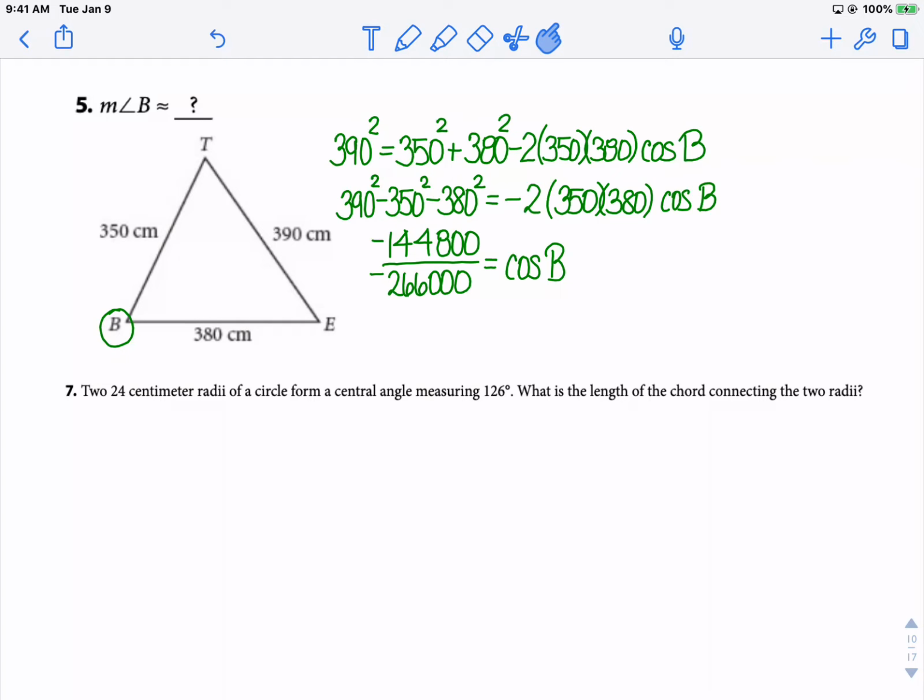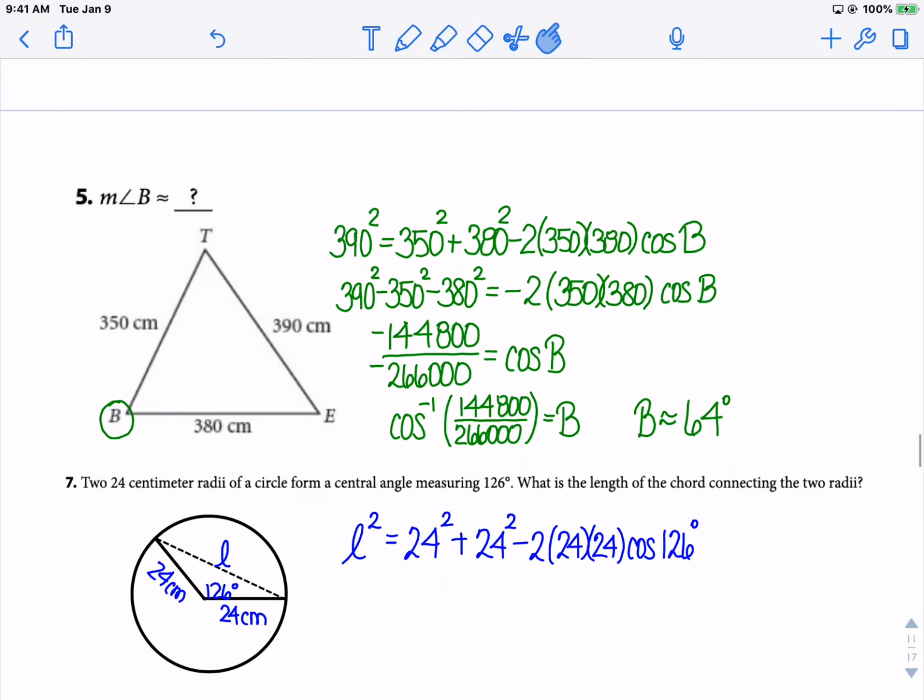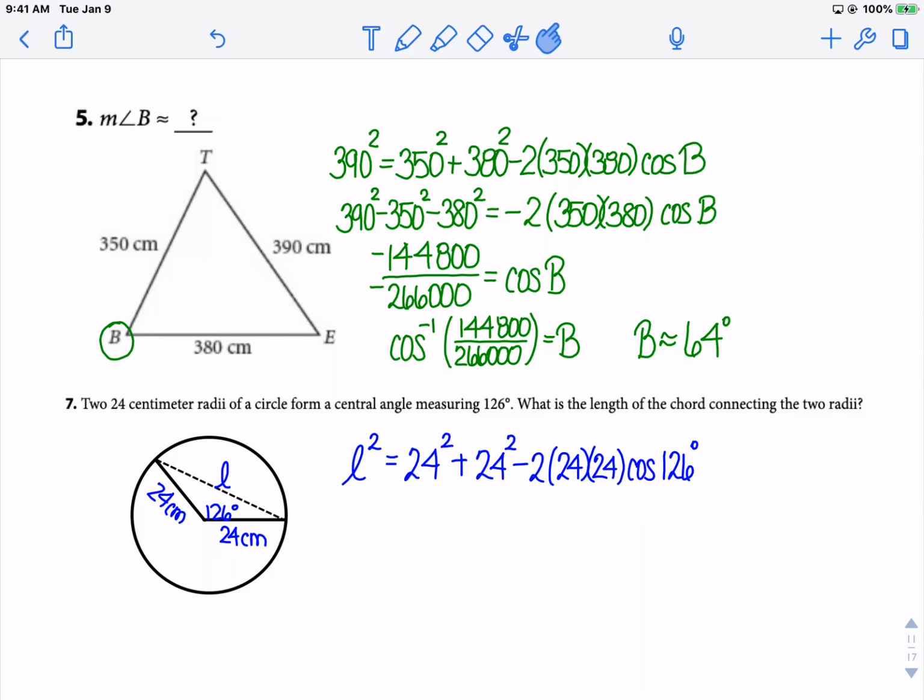So eventually you can calculate this number, which is the negative 266,000 on mine. And then you have to divide by this negative 266,000 value to get a ratio for cosine b. Now that we know the ratio of cosine b, it's time to use a little inverse cosine to get that angle. So again, watch your setups.